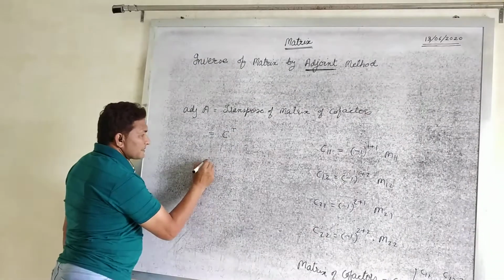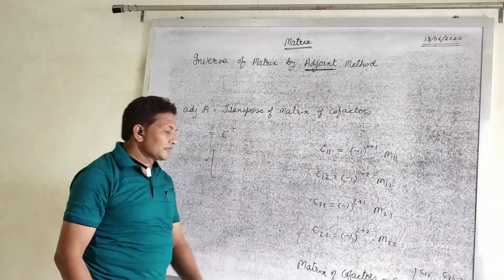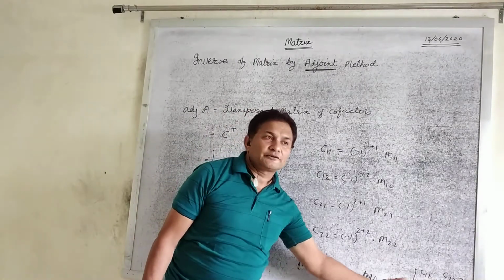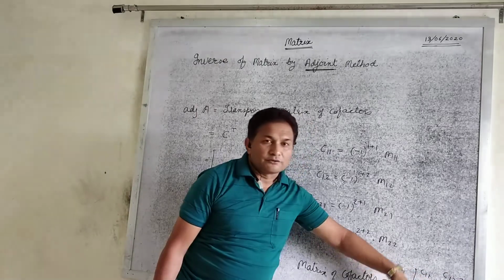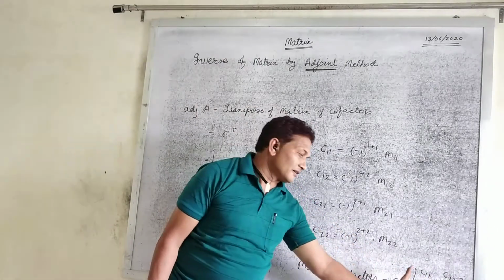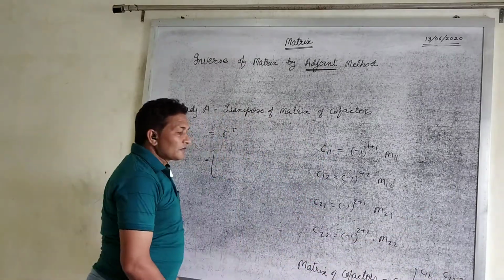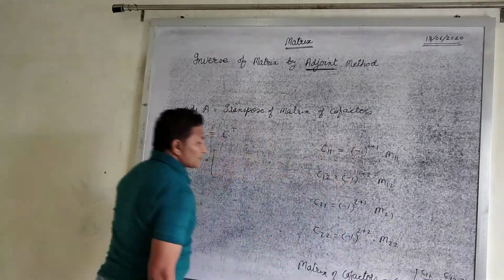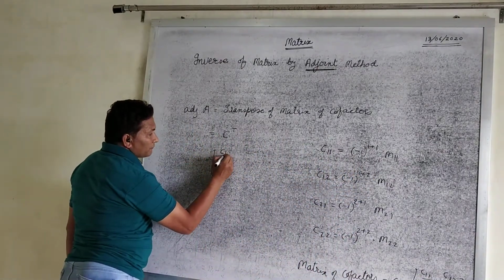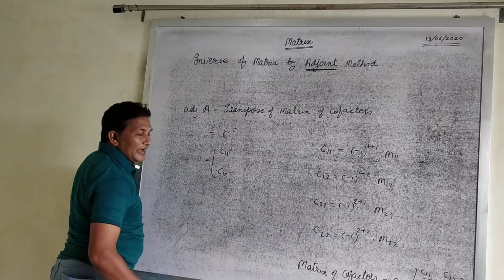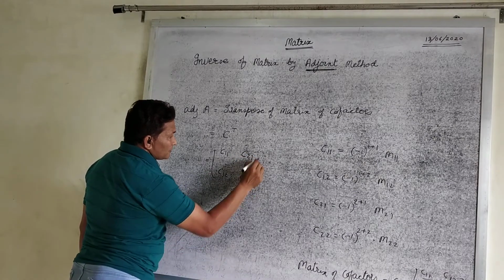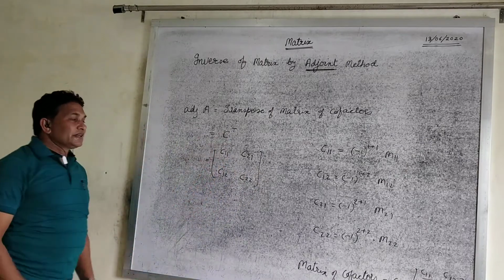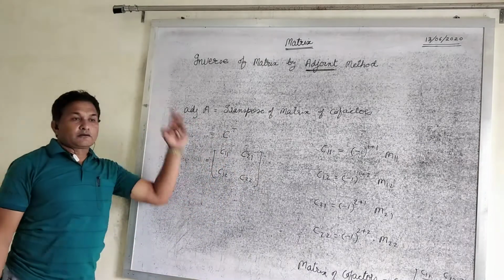C transpose means we convert the matrix of cofactors into its transpose, changing the rows into columns, or vice versa, columns into rows. So convert the first row into the first column, C11, C21, and the second row into the second column, C12, C22. So this is your C transpose. In this way, we get the adjoint of A.